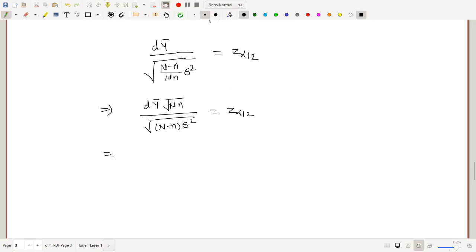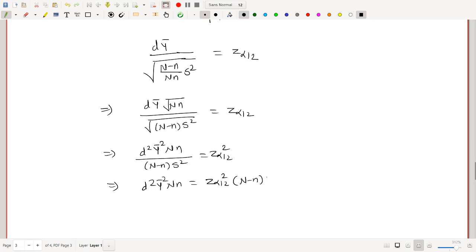Take square on both sides. After taking square, this will become d square Y bar square n divided by N minus n S square is equal to z alpha by 2 square. Since this quantity is on this side, this will be d square Y bar square n is equal to z alpha by 2 square into N minus n into S square.